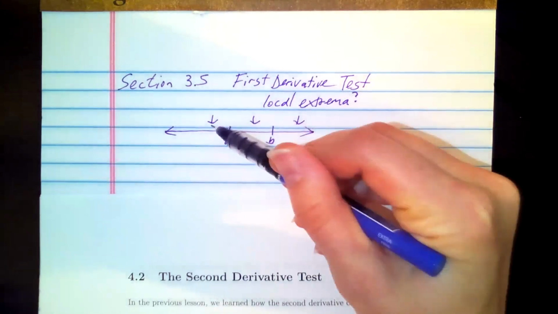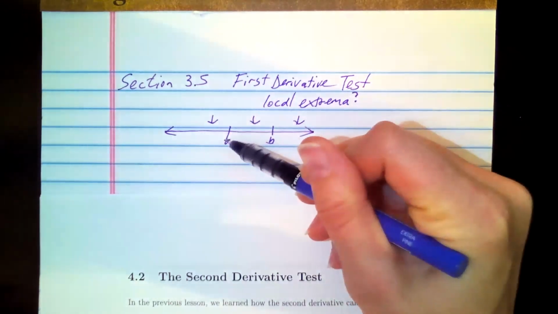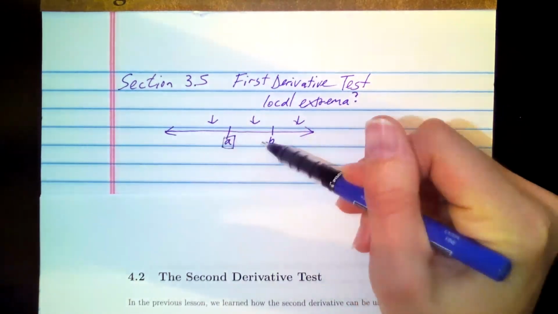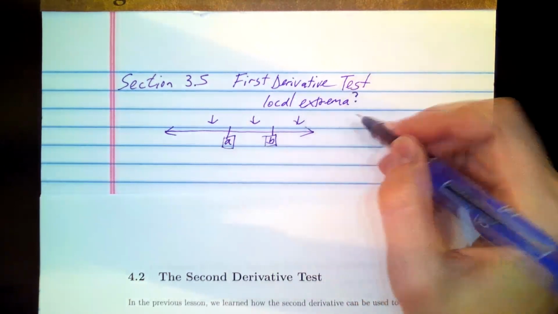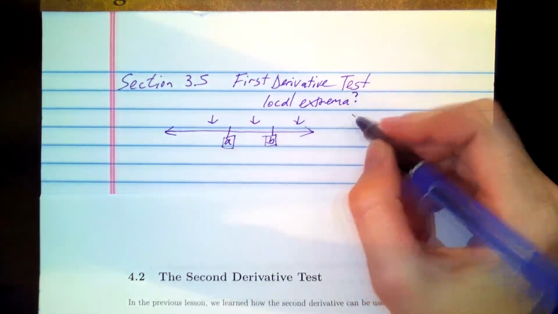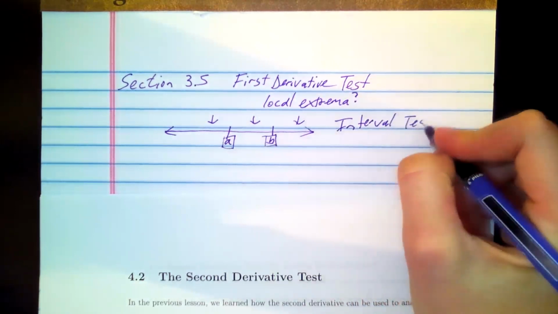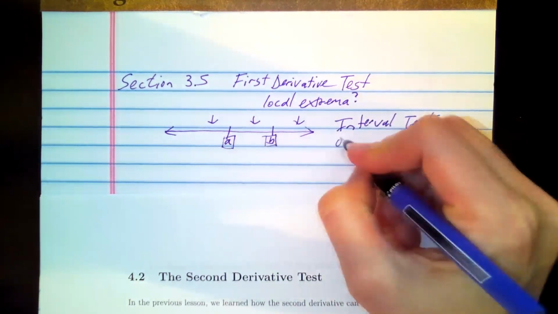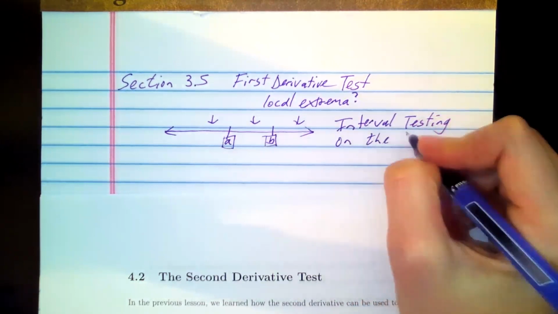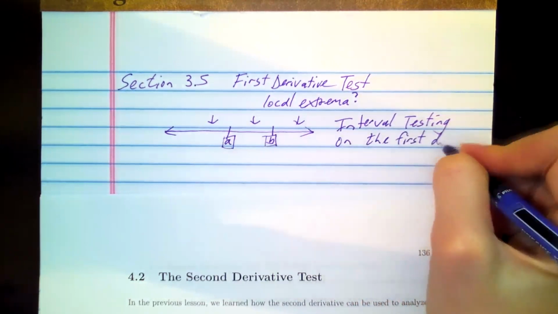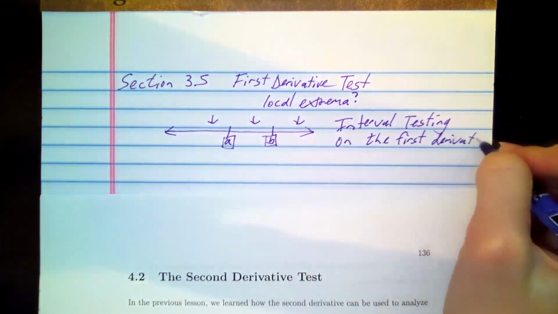If you know where your function's increasing and decreasing, you can determine what happens at those critical numbers. This was section 3.5, and this was the first derivative test. You used interval testing on the first derivative to figure out where any local extrema are.